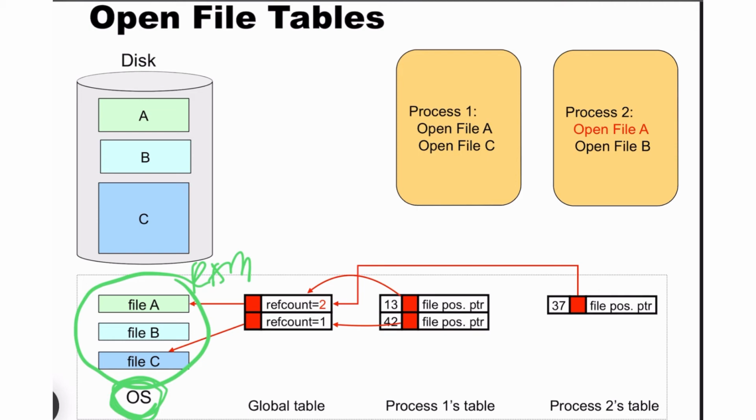Sabi niya dito, process 2 needs to open file A. So the process 2 table will go to the next table, process 2, and then locate file A. Okay, that is for example for process. So let's say process 1 opens file A. Yan, open file A. So i-delete natin.